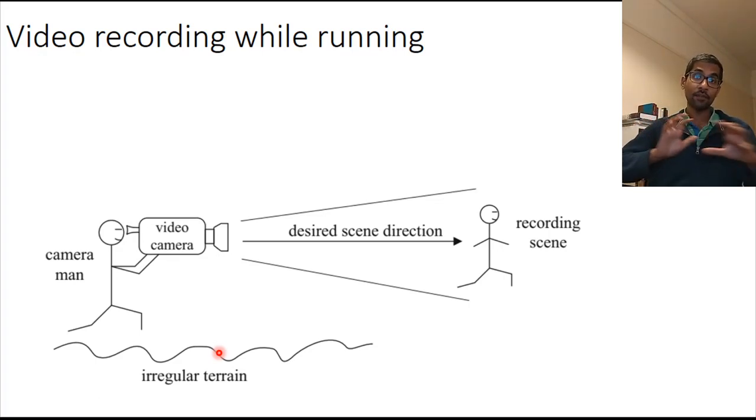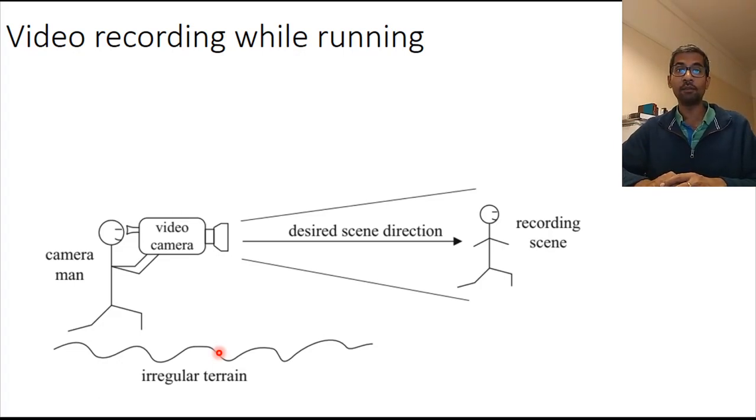So as the cameraman is moving, somehow he needs to stabilize his camera, right? Otherwise, you would have the camera moving up and down all the time. Now, that may be good for some movies, and I'm sure you have watched some movies where the camera is shaking and it's used by the director to convey something.